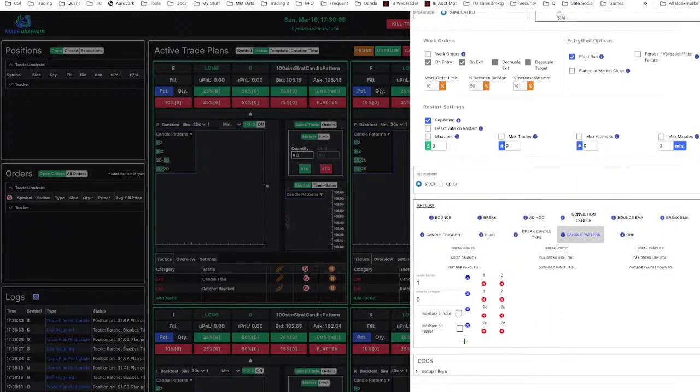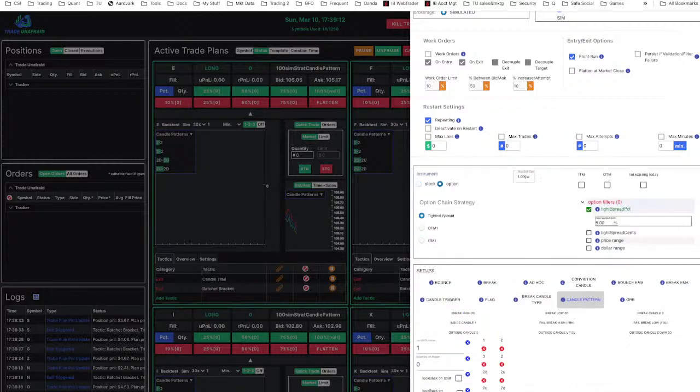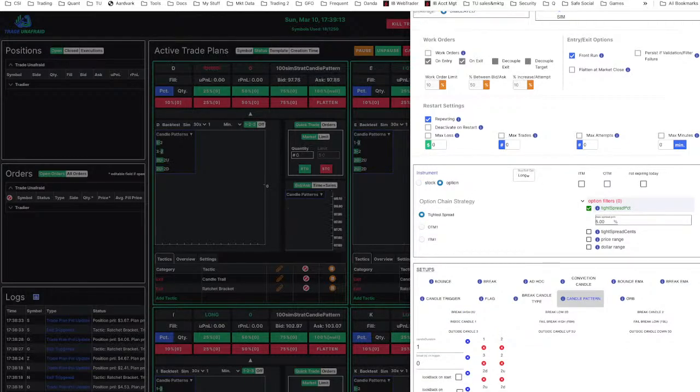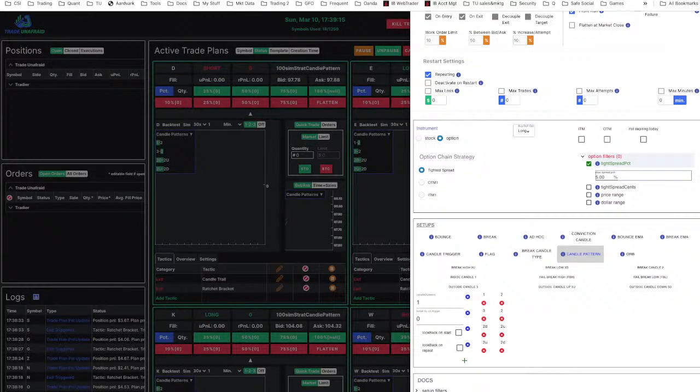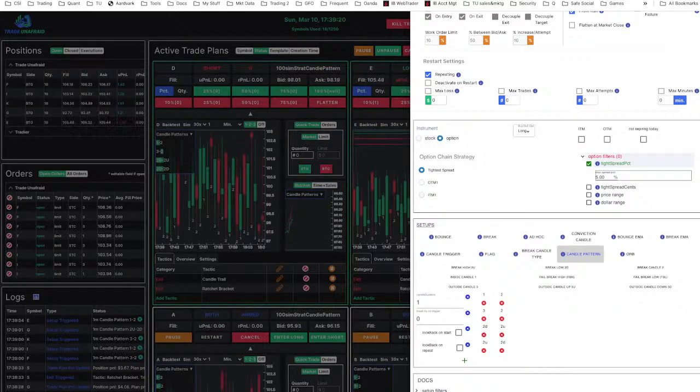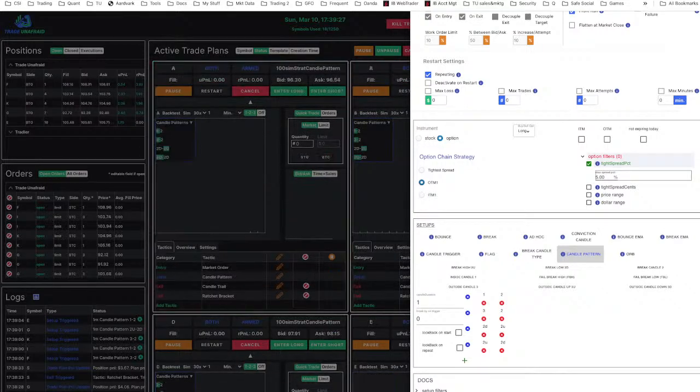So there are different ways that you can filter or limit how much the trading will happen. And you can see that the instrument is stock. If I selected option, then there would be all kinds of other things involved in selecting which contract. For example, I could just automatically trade the first strike in the money or out of the money.